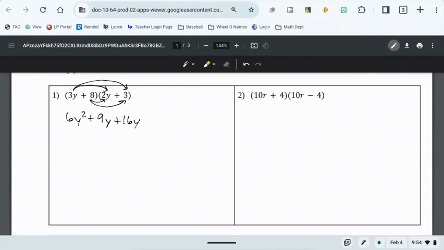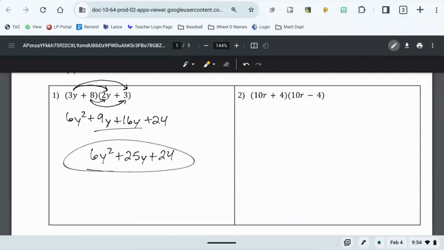And then 8 times 3 gives us 24. And then we check, do we have any like terms? And yes, we do. We have 9y plus 16y. So 6y squared plus 25y plus 24. And that's our final answer.